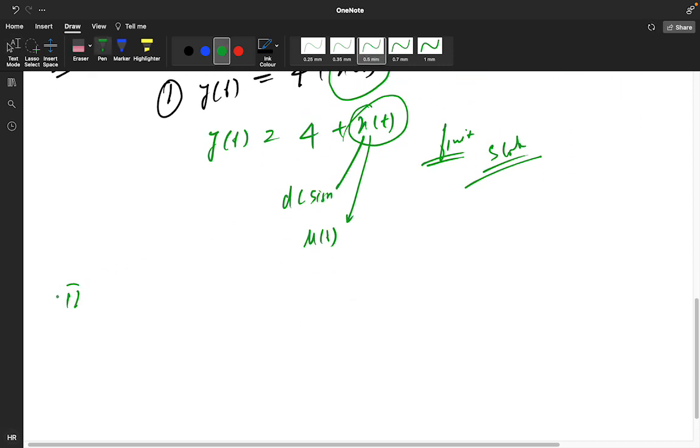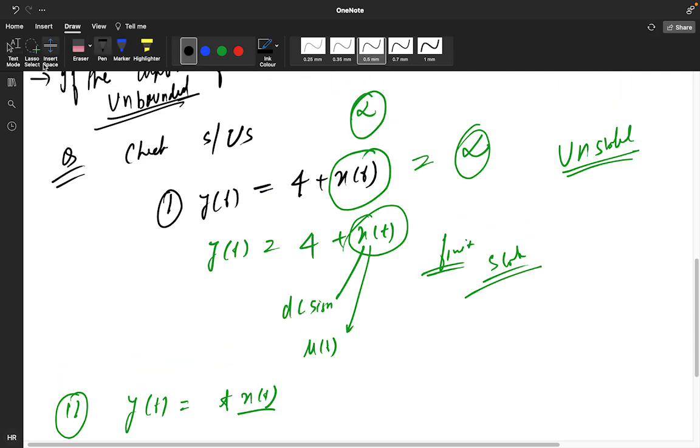Like the second question, y of t is equal to t x of t. No, see, this won't be unstable. I'm really sorry.